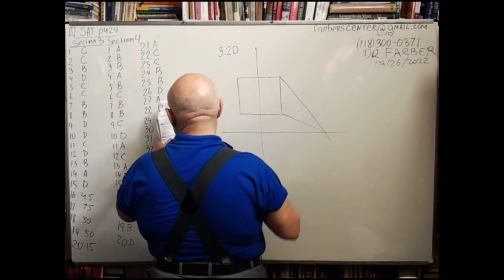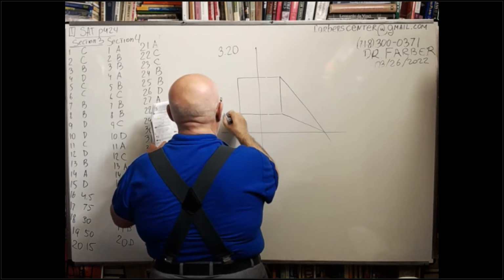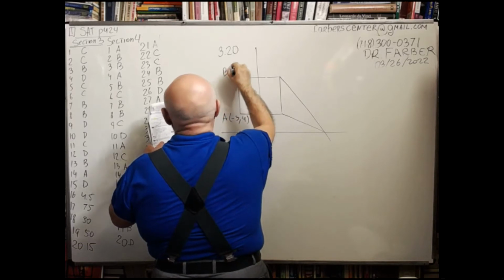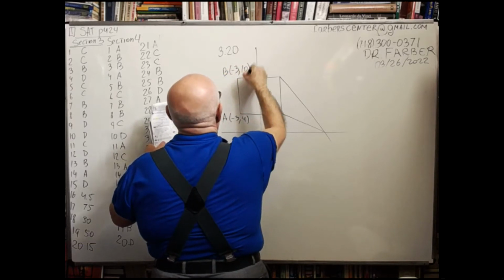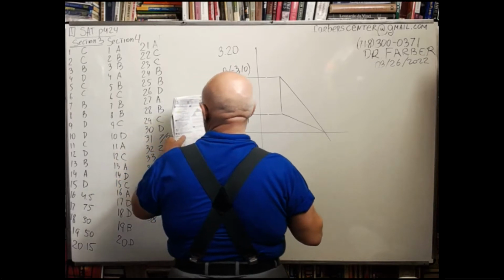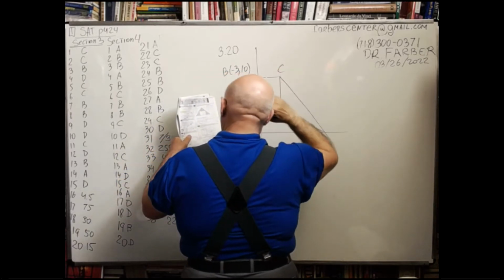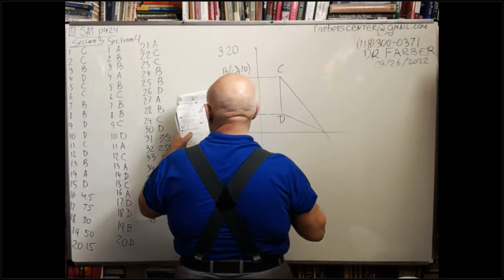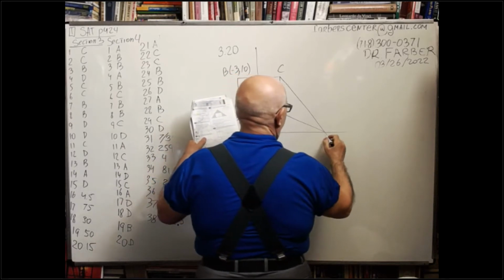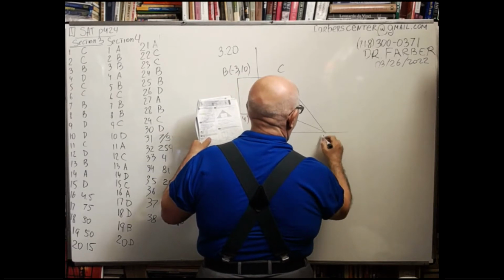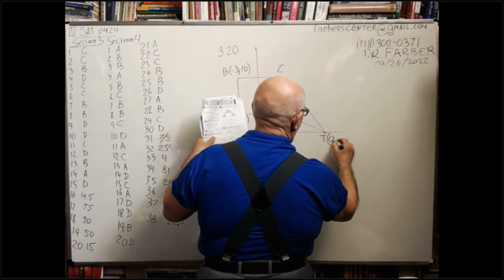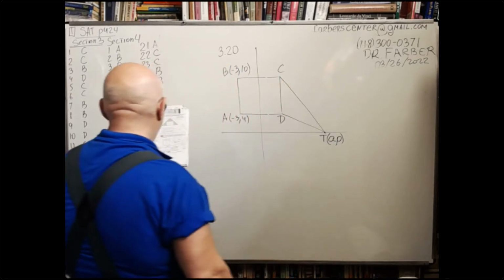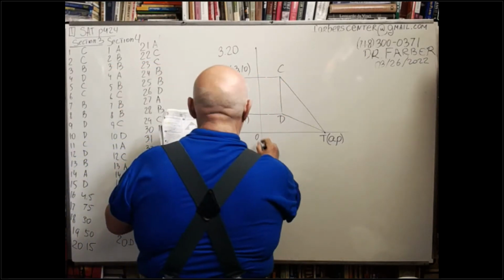And this is A, negative 3, 4. B, negative 3, 10. This is C, let's say D. And this is, what is it, P? A0. Origin.